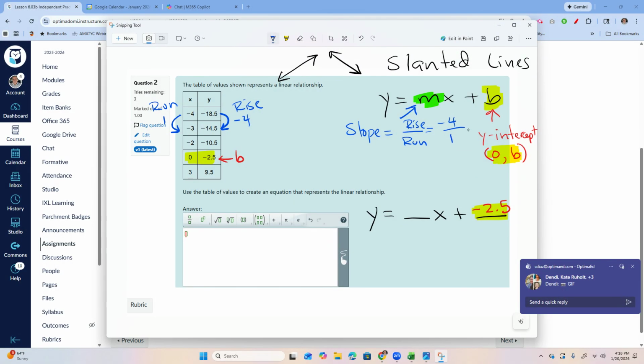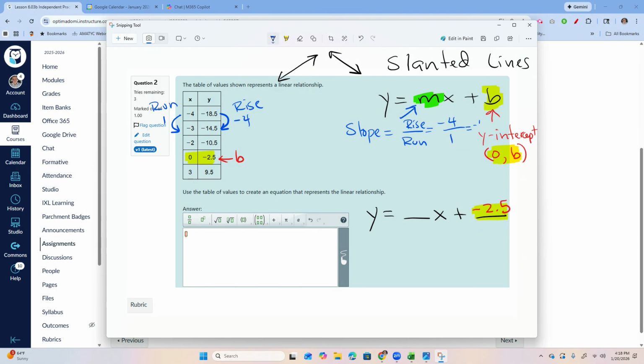When you put negative 4 over 1 in the calculator, that's going to be negative 4. So what I found there is my slope. The blank space that I highlighted in green is my M. So what will be the final answer? Y equal negative 4x plus negative 2.5. Okay, let's go to the next question.